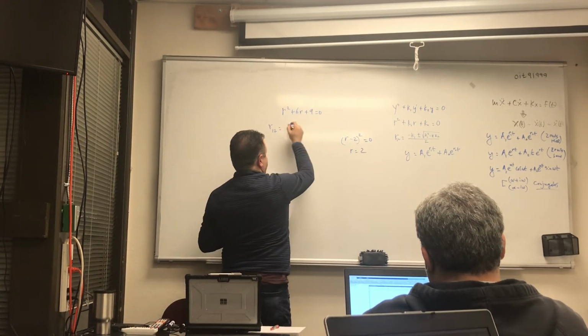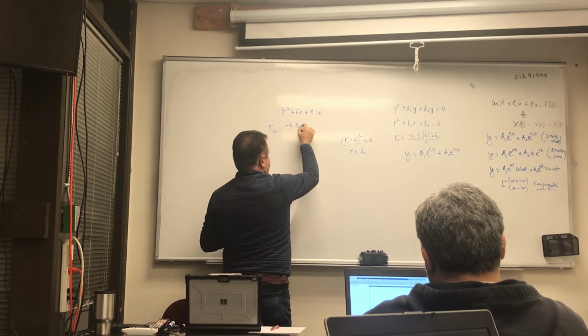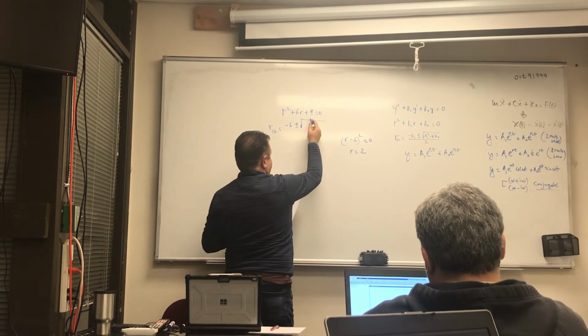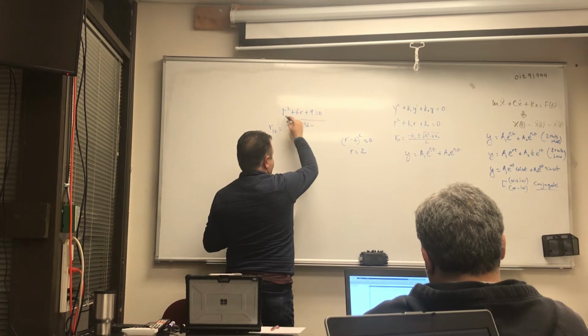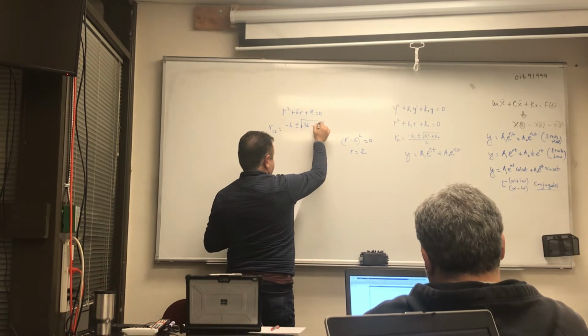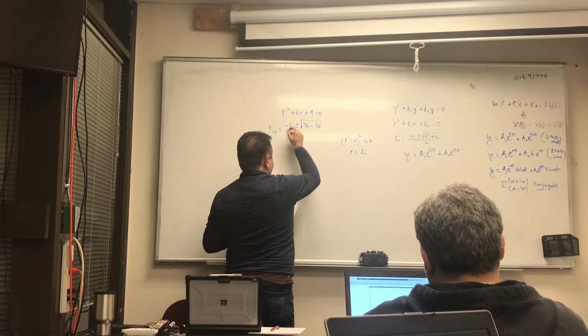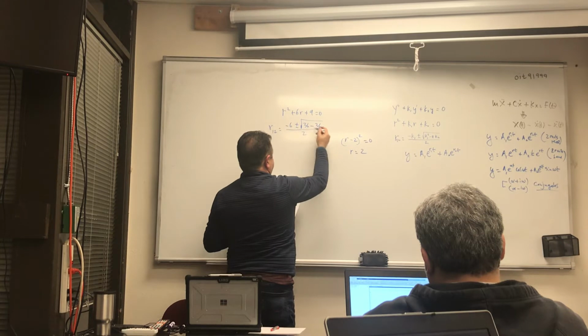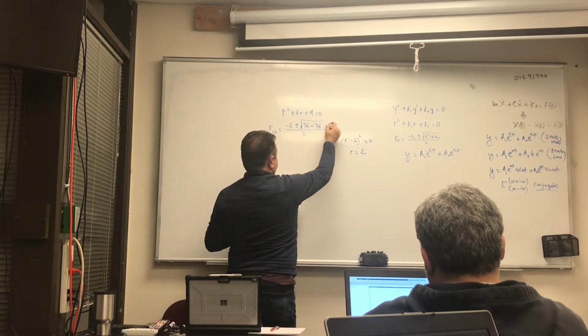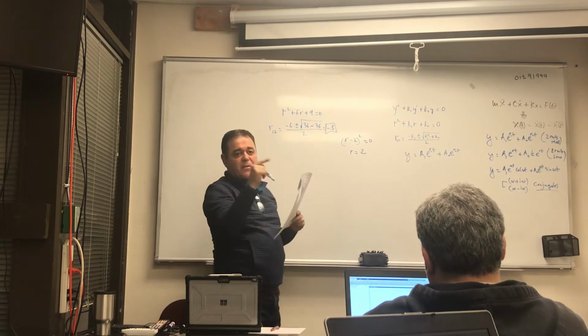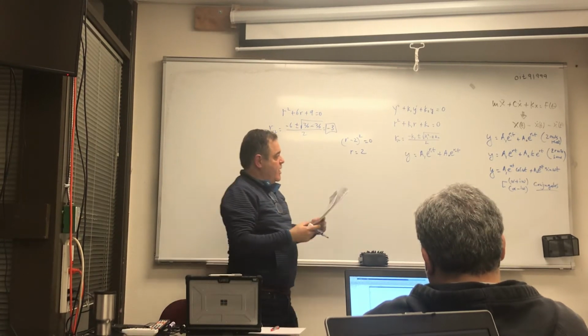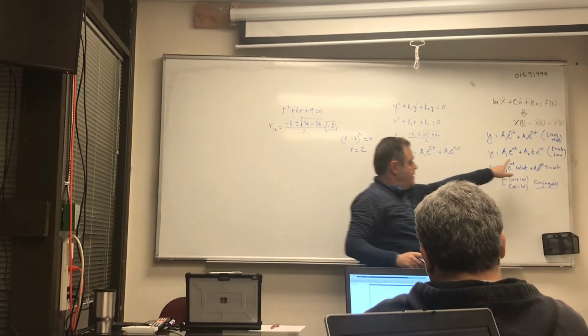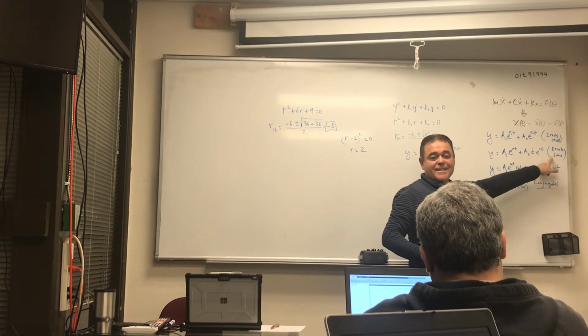Well, minus b, which is minus 6, plus or minus square root of delta, which is b squared, which is 36, minus 4 times 9, which is 36, divided by 2, right? So this one is obviously 0, so you're going to get minus 3. So both of those roots are minus 3. Under which category does that fall? Both of those are real and they are the same.